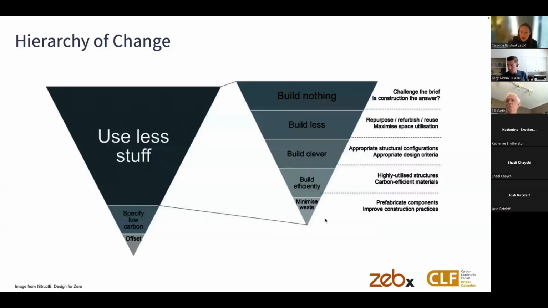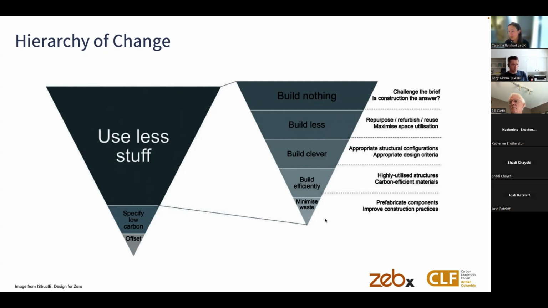And I've touched on this already, but this is an image from the IStructE in the UK, the Institute of Structural Engineers, and this is their hierarchy of change. So the wider the segment of the triangle is, the bigger the impact that you can have. And so the biggest way you can reduce embodied carbon is to use less stuff.